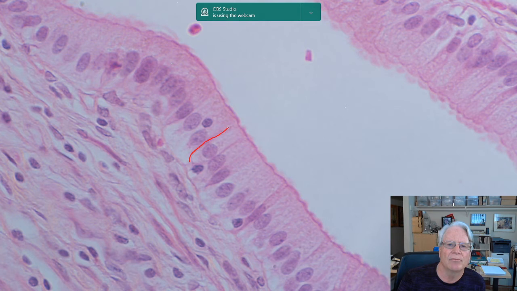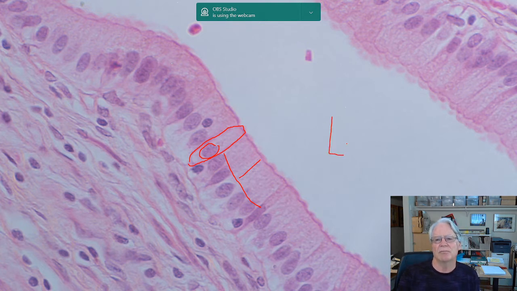Here we go. There you go. Nucleus. Okay. And notice that there's this space here. If I draw a line along this edge, we have all this space. This is all part of the cell. This is the lumen here.